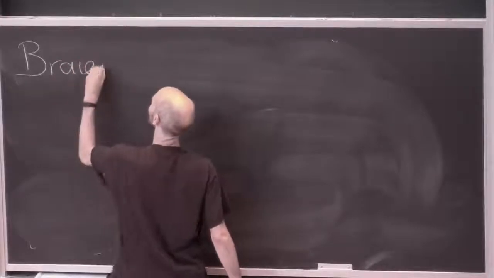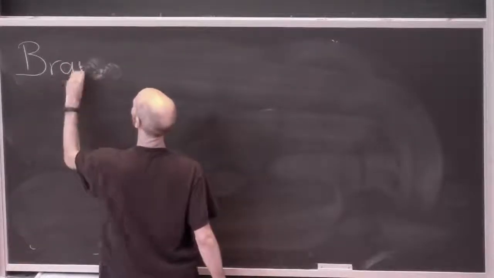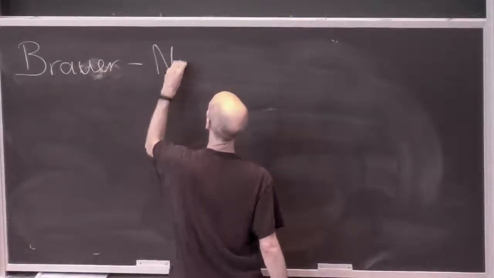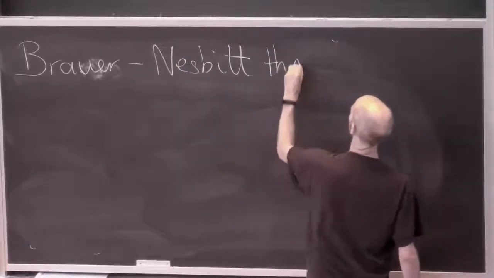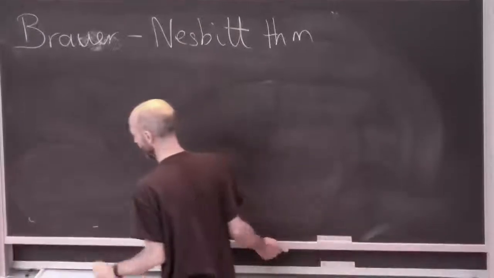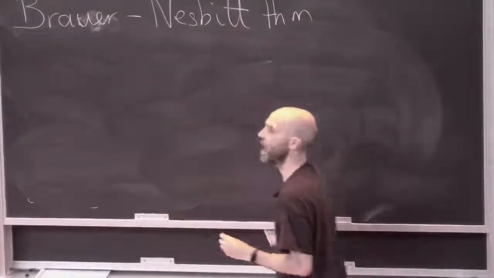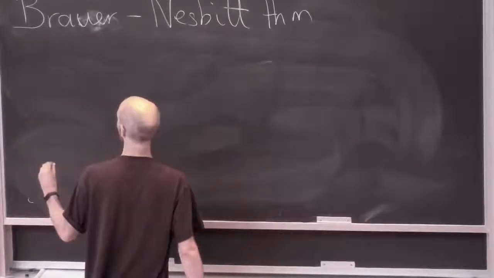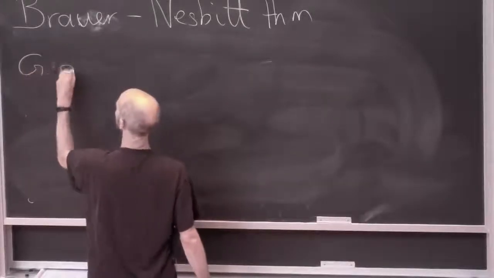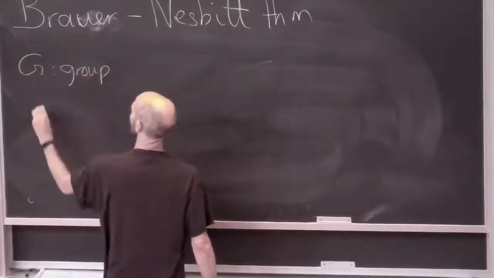Brauer-Nesbitt. The Brauer-Nesbitt theorem says the following great thing. This is true for arbitrary groups and arbitrary fields. So let G be a group, and let E be a field.